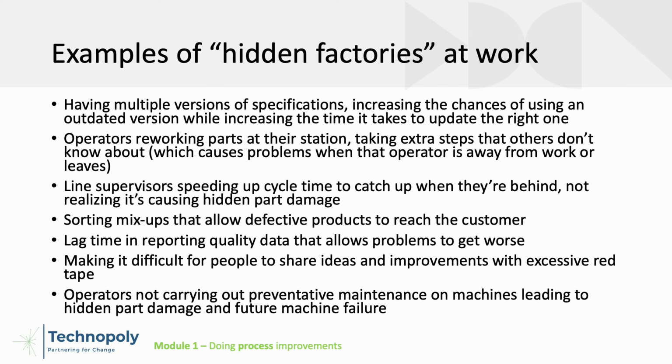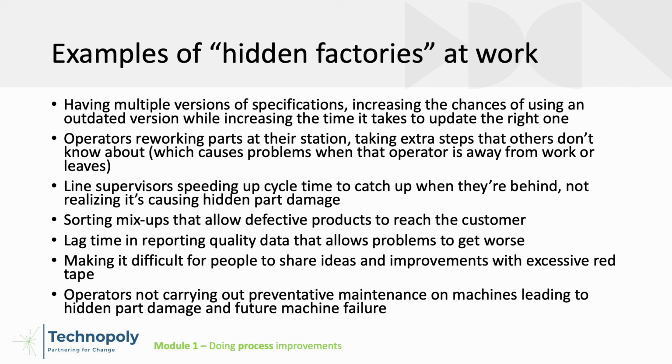Some examples of these hidden factories would be having multiple versions of specs, or operators reworking their parts at the workstation without anyone knowing it, or line supervisors speeding up the cycle to catch up when they're behind, not realizing that certain steps are missed. Sorting mix-up can also happen. There is a lag in the reporting and therefore people don't know something until it's worse.